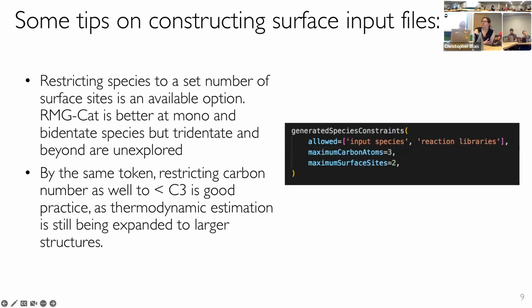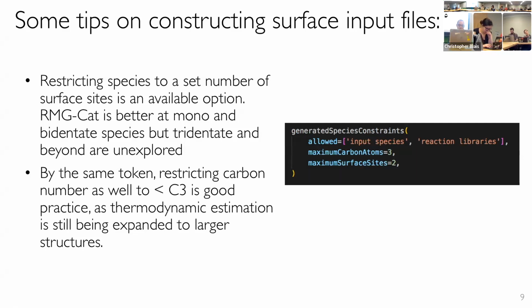So just a couple tips in terms of species when you're constructing surface input files. Howie was talking about the maximum carbon, oxygen, etc. atoms that you can have. There's also a maximum number of surface sites that you can specify for your generated species.